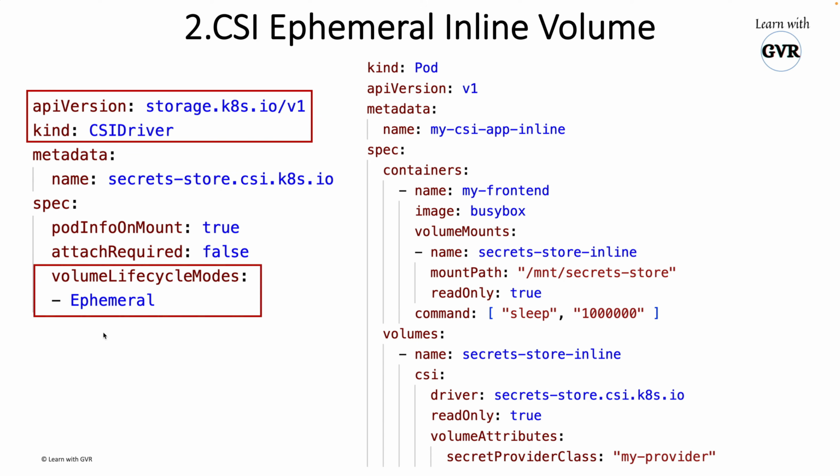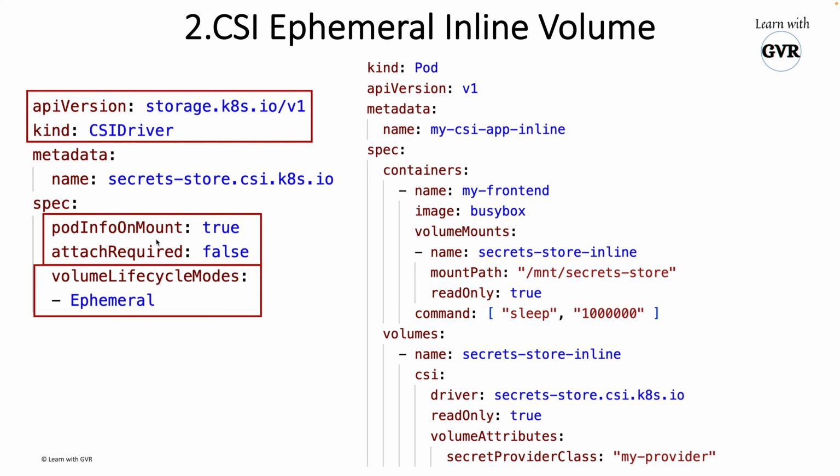This is a driver name, and this driver provides storage as ephemeral and in an inline fashion. The CSI driver is the major key role here. If the CSI driver supports this CSI ephemeral inline volume, then you can use it in the pod.